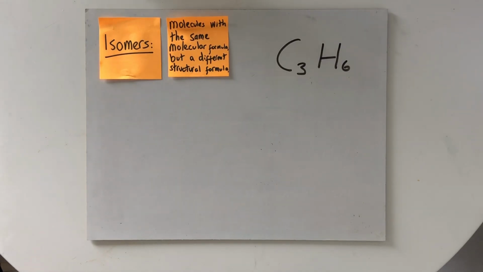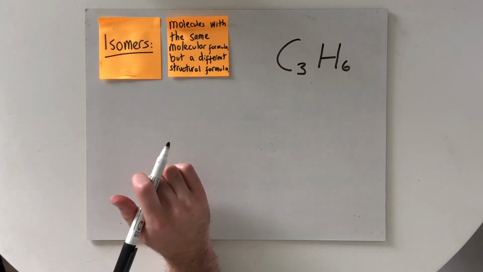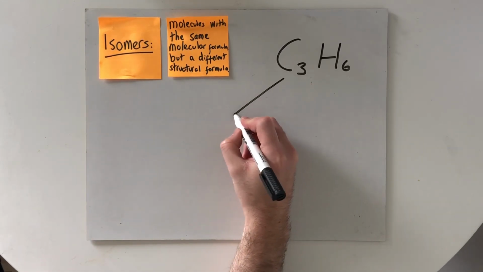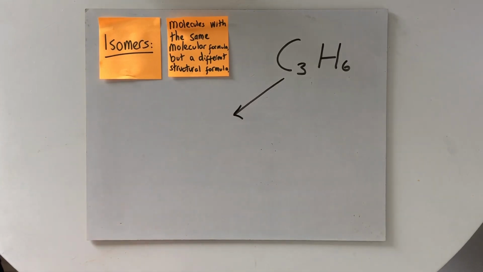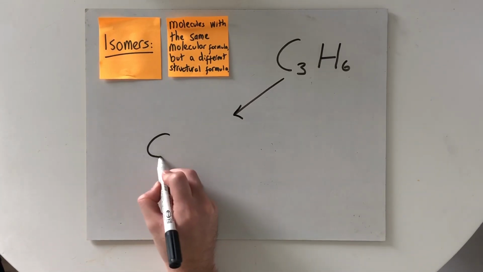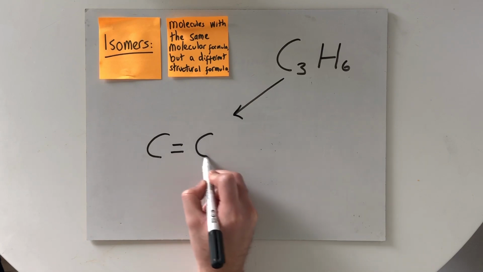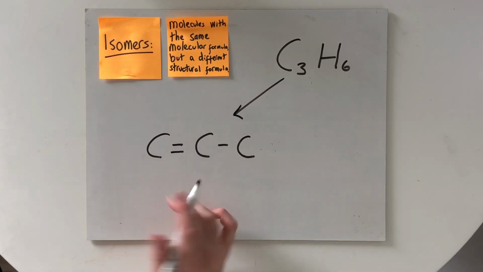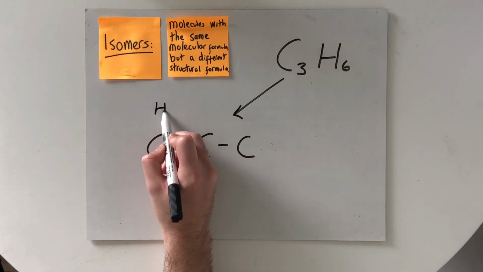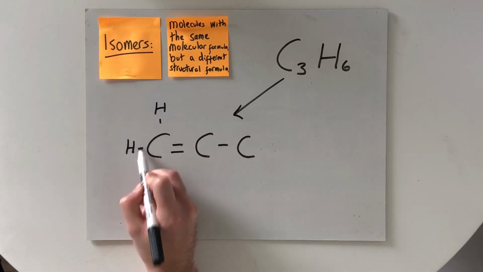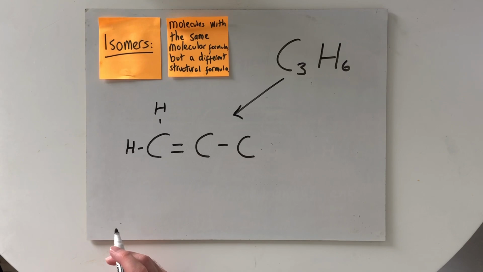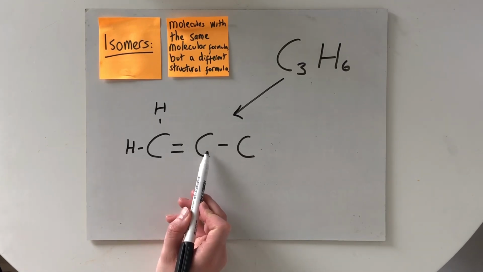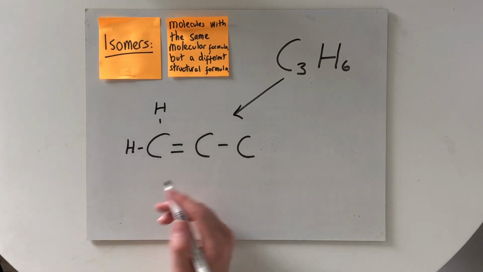Okay, so C3H6 can be represented as 2 molecules. First one is an alkene, propene. 3 carbon atoms in a row, double bond between the first and second carbon, and 6 hydrogens. Now we need to make sure that each carbon is making 4 bonds. That carbon had 2 bonds made to the next neighbouring carbon, so it needs 2 hydrogens to make 4. 2 plus 2 is 4.